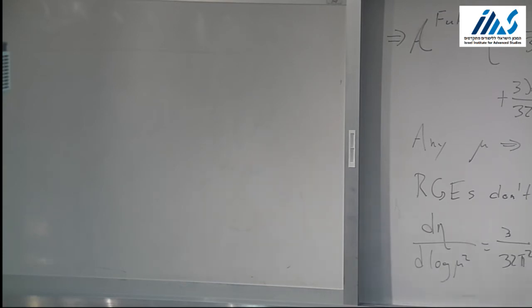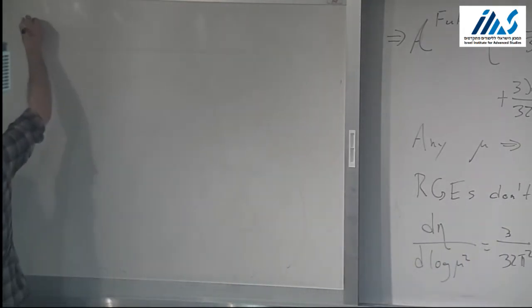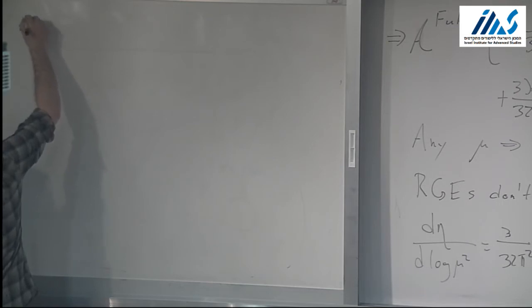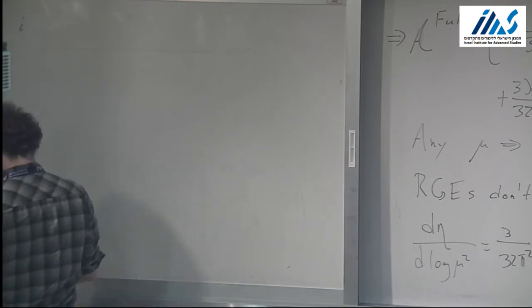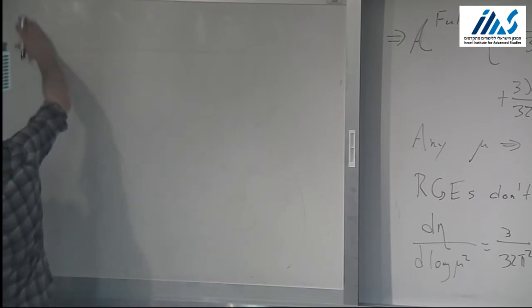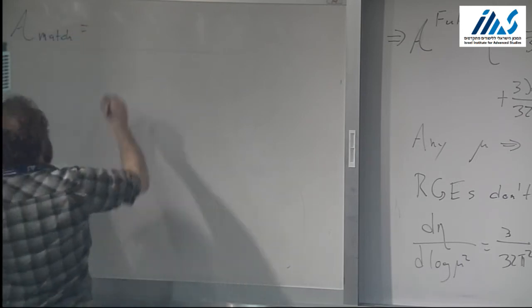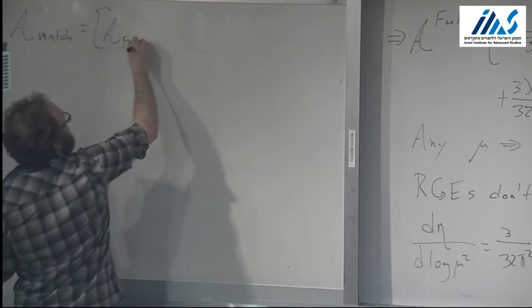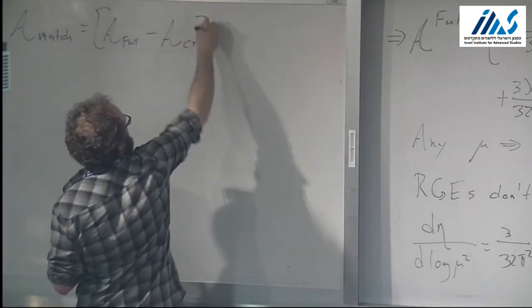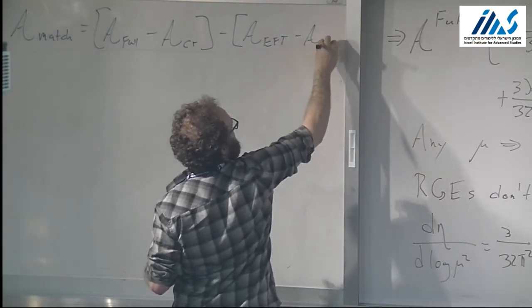And here is a little dumb technical thing, but it's really tricky and something you might screw up if you were doing this for the first time. So we want to match: we take our full amplitude minus counter terms, and we subtract our EFT amplitude minus counter terms.